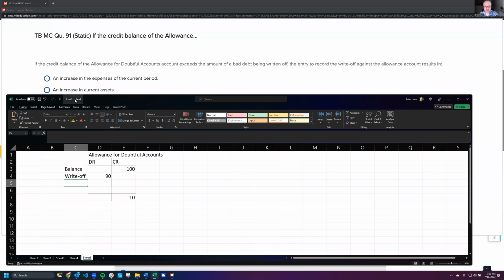An increase in current assets, no, because you are decreasing current assets with this write-off, right? No, are you increasing it? No, this is a credit. The write-off indirectly is increasing current assets, the credit balance.